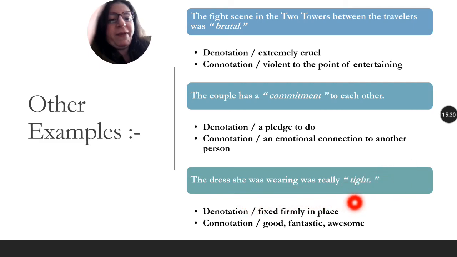Yeah, anything fixed firmly in place could mean tight as well as being really tight, really not fitting. You can have that and you can have fixed firmly in a place. The way could be good, fantastic, awesome, good to be fixed. So that's the connotation way for tight.